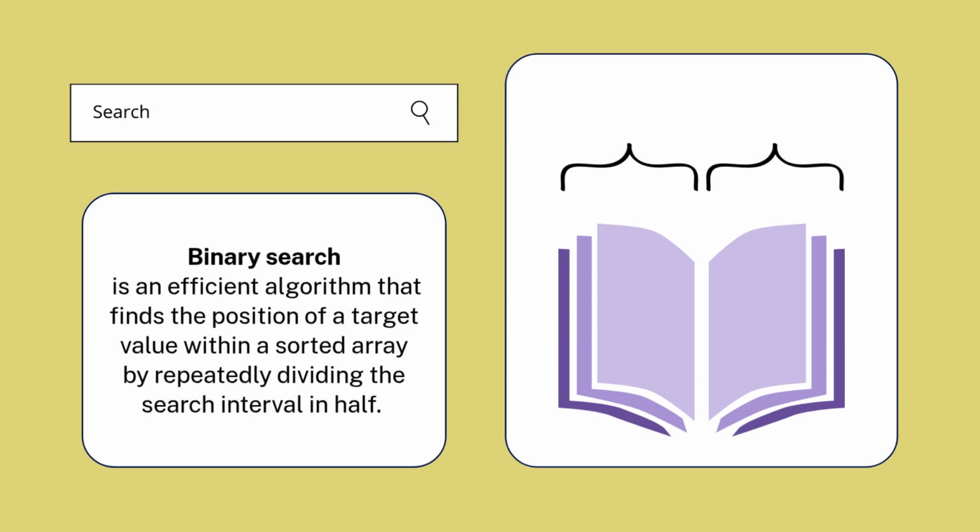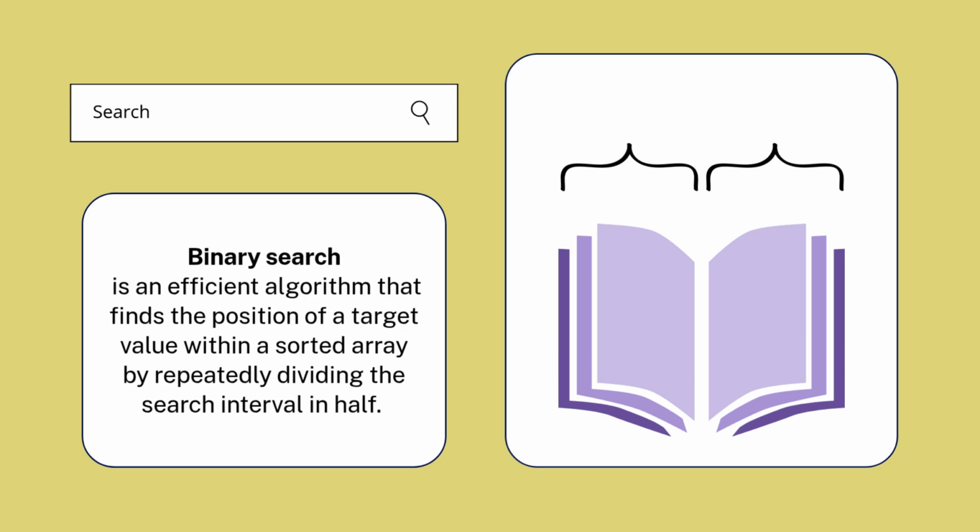It is complicated. Let me explain in simple terms again. Suppose you have a dictionary. How do you find a particular word in a dictionary? You can divide the dictionary into exactly two equal halves and find the middle part of the dictionary.